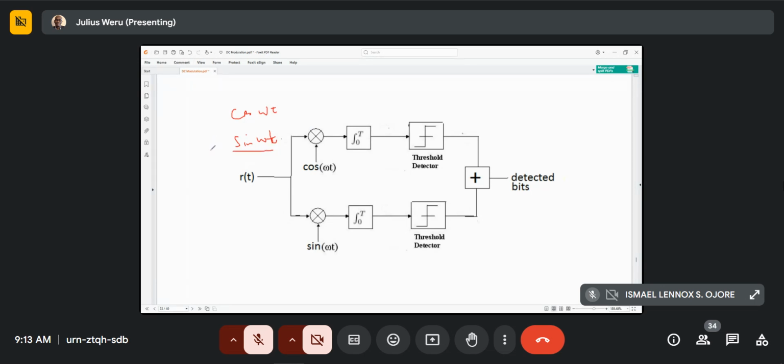Whatever the signal was, which could also be time varying, sine omega ct or cos omega ct, it uses that. That's basically the coherent receiver.